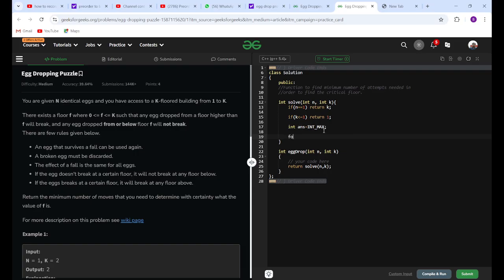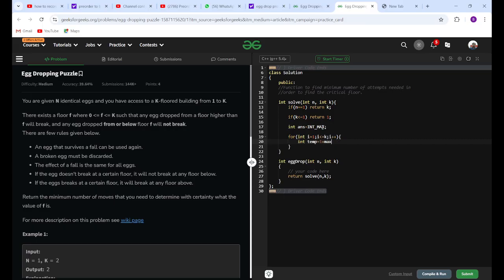Now traverse from floor 1 to floor k. Now find the temporary answer. The temporary answer will be 1 plus the maximum of the below and above cases for the required floor.